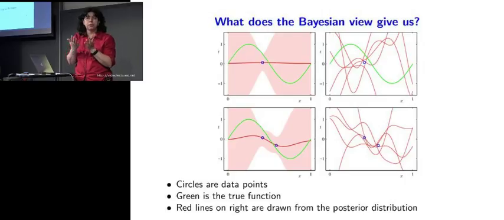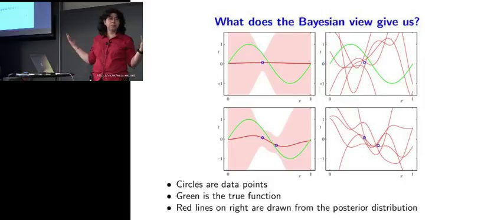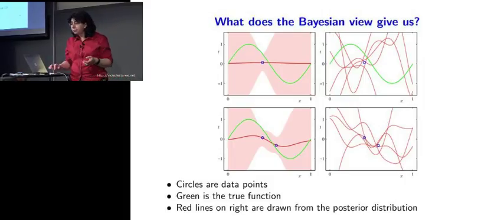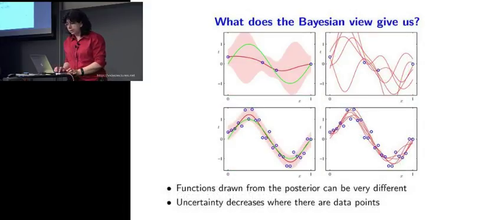Why? Because the hypotheses are forced to fit the data points, so they have to go in some small vicinity around the data points. Very far away from the data, there's a lot of uncertainty because we have no information there, and all that we have acting there is the prior, and the prior in this case is a very vanilla prior. Okay? So this is useful because it gives you some information about the uncertainty in your prediction as opposed to just returning you one hypothesis.